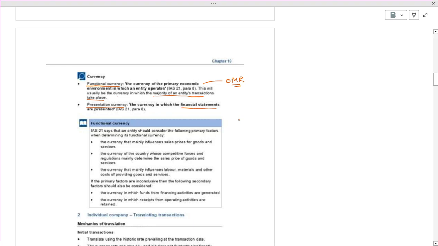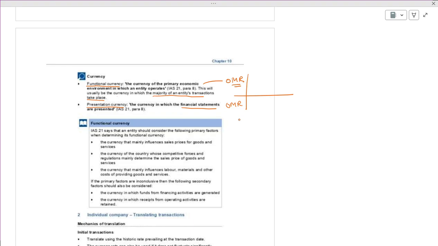Now we are talking about multinational companies. In most cases, the functional currency and the presentation currency are both Omani Riyal. In some cases the functional currency will be Omani Riyal but the presentation currency differs.